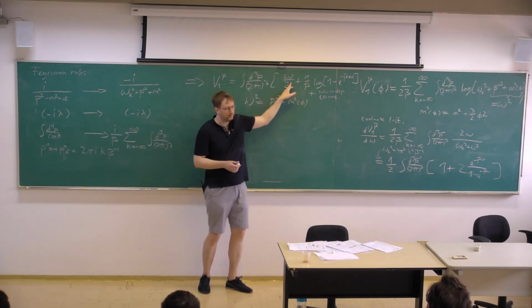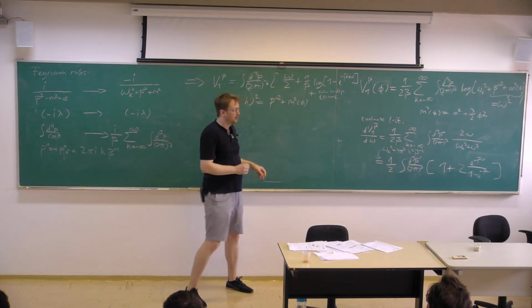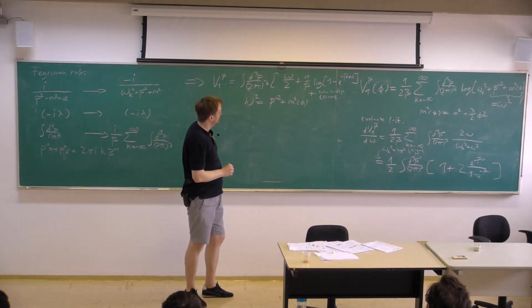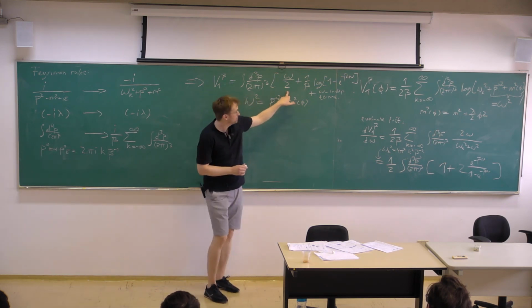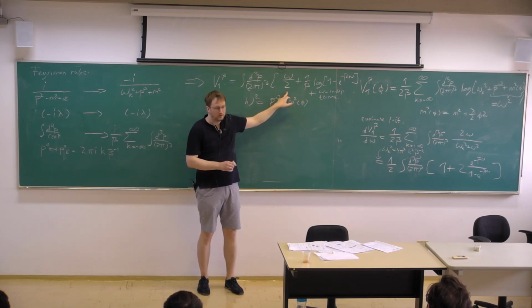This piece is exactly the Coleman-Weinberg potential that we derived already. You can manipulate it; it's a few lines, but I'll do it next time. So this is the Coleman-Weinberg potential at zero temperature that we derived already, the master formula I started with at the beginning of the lecture.